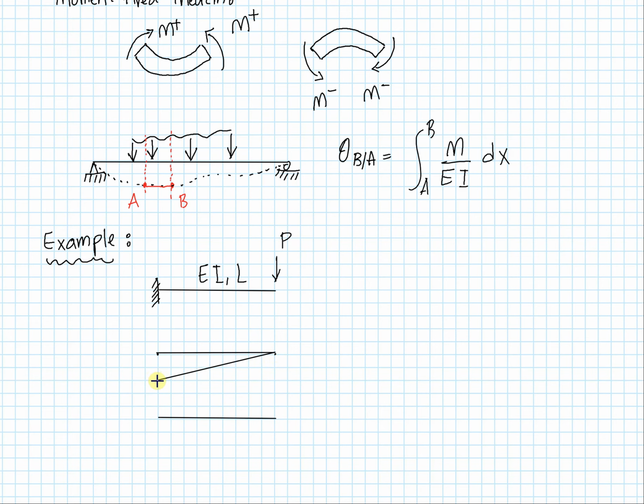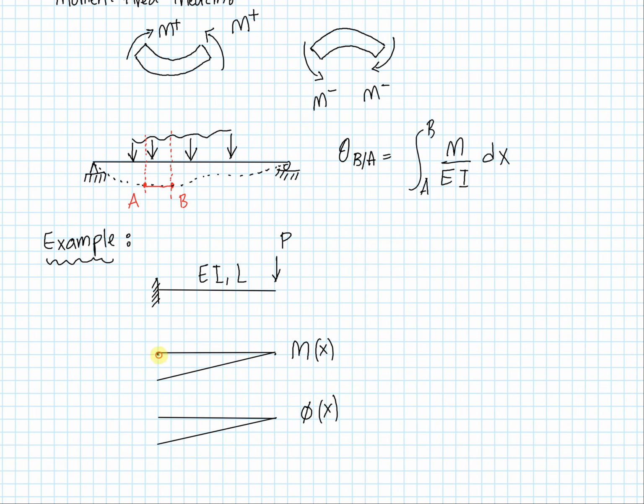So the first one is going to be my moment diagram, and the second diagram will be my curvature diagram. So the first is M of x, and the second is theta of x.